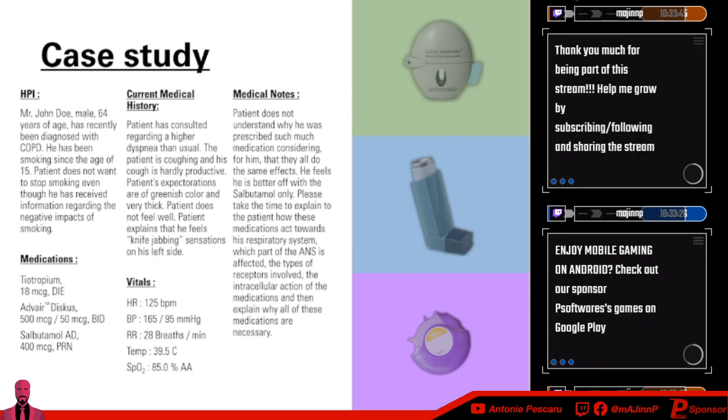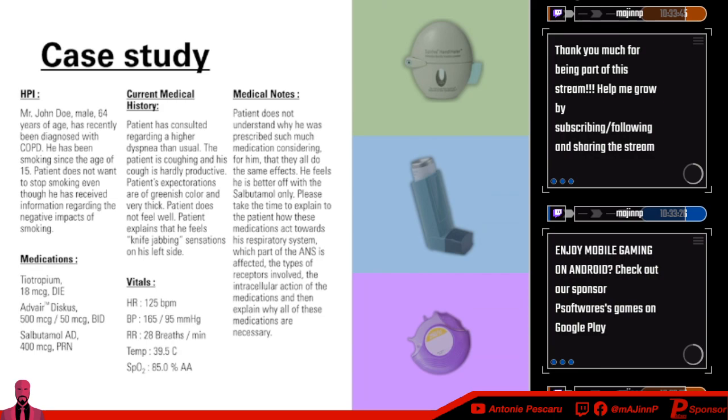And then our final medication is salbutamol in aerosol dosing form, or if you don't know what salbutamol is, you Americans, it's the same thing as albuterol. It's just that in Canada we call it salbutamol.